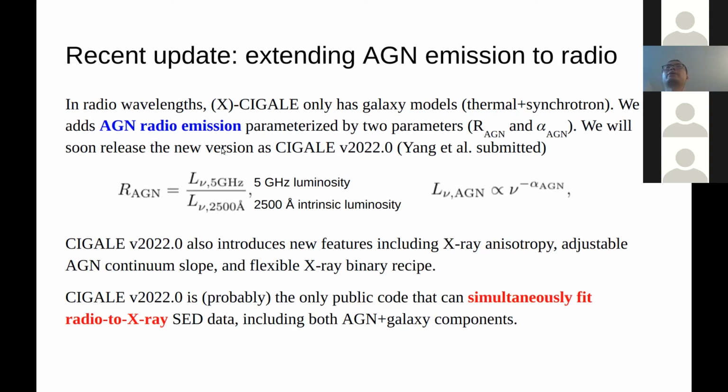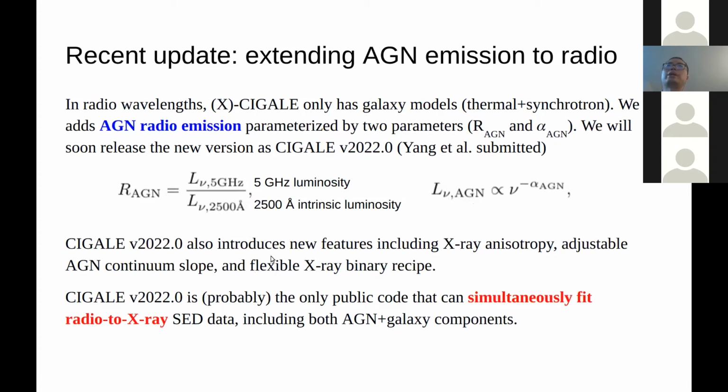In the radio emission, we model the AGN with two parameters. One is R_AGN, which controls the normalization of the AGN. The other is alpha_AGN, which controls the slope of the radio emission, where we assume it's a power-law emission.